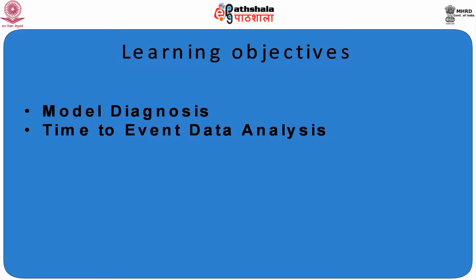Here we will work with joint modeling, that is, joint modeling of longitudinal data as well as survival data. Here we will see how to do model diagnosis and time to event data analysis in cohort study.